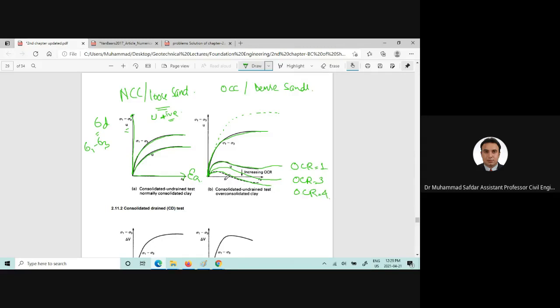that initially for this portion the pore water pressure is positive, and for this portion the pore water pressure is negative, or we can call that as negative here as well, or positive here as well.